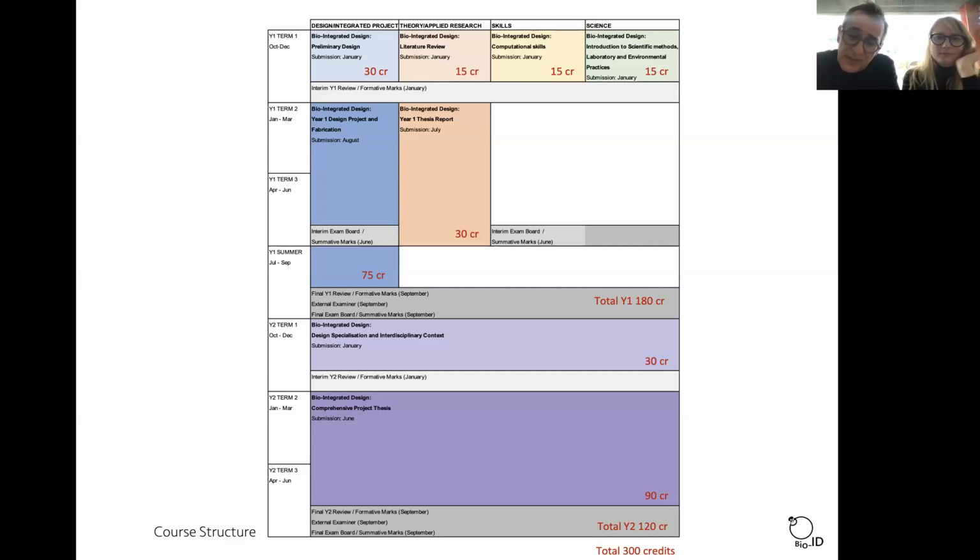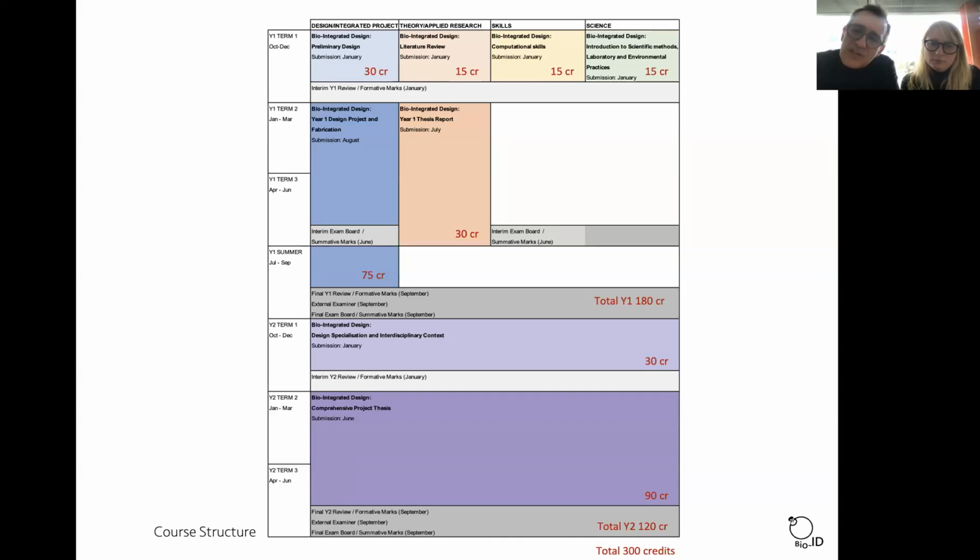They start developing the main project of the year with their teams. And then in the second and third term until July, they develop and give a final resolution to the main project that they develop, which is also the biggest module of the entire course.